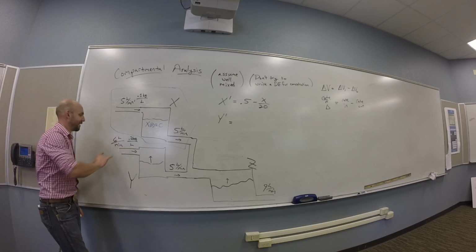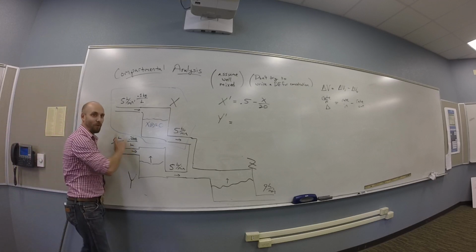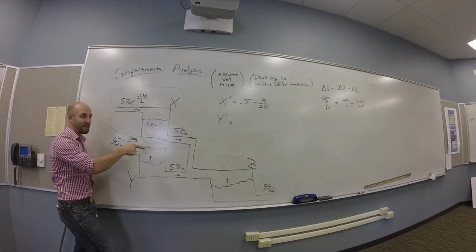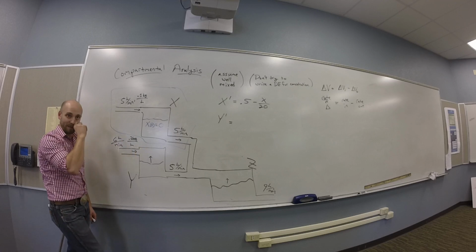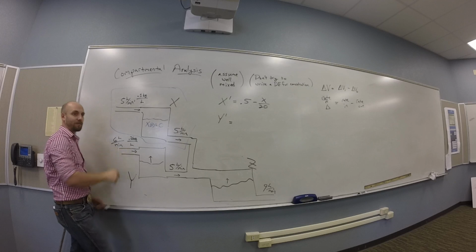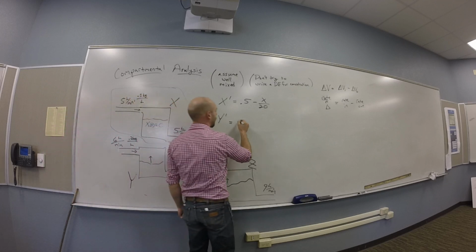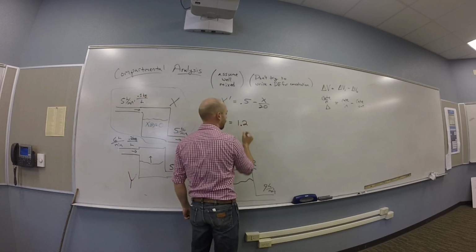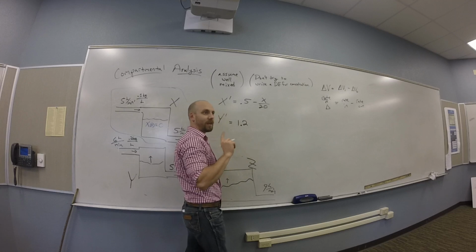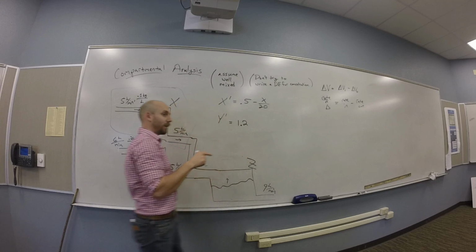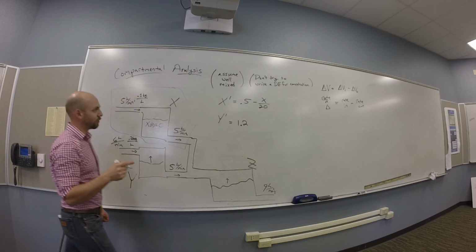Anyway, whatever. So, point is, how much salt's coming into this tank? Multiply those two. Yeah, you multiply the flow times the concentration, right? So we're getting 1.2 kilograms in. And then how much are we losing?